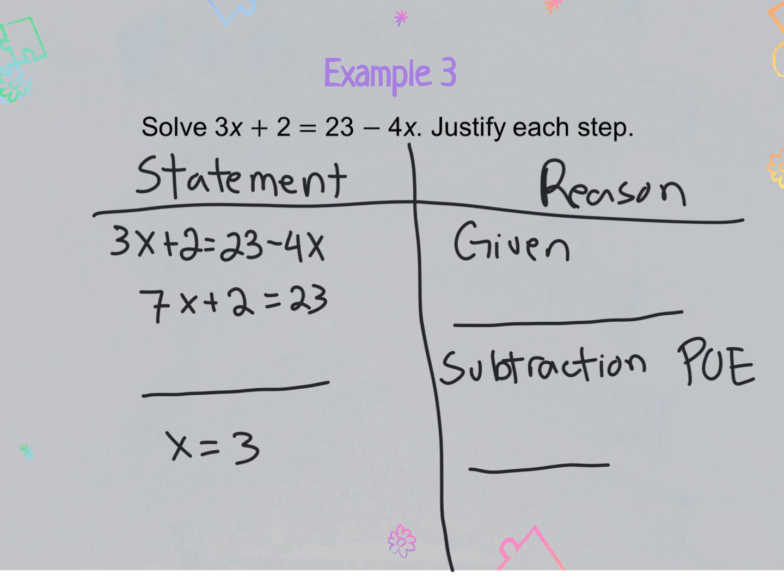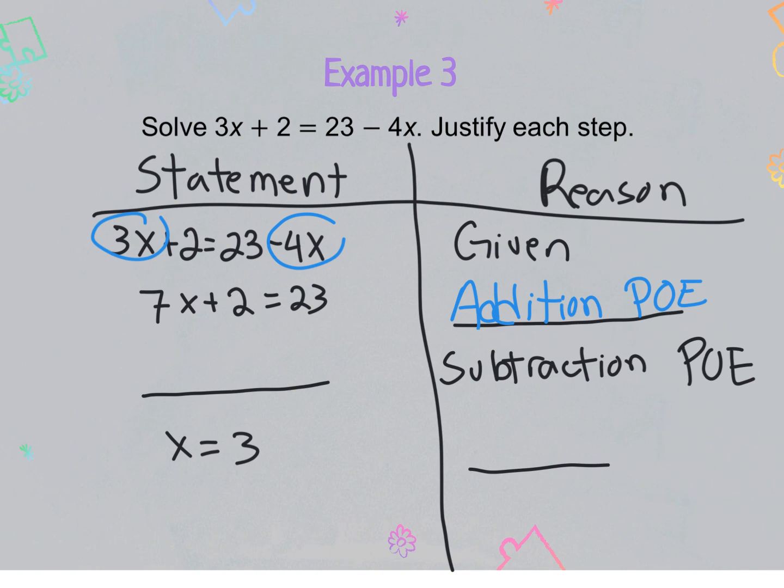Now, this is how you guys have it in your PowerPoint. From the first to the second step, what they did was they combined this negative 4x with this 3x. They added that 4x. It's going to be the addition property of equality. Now, in the next step, they tell you that they want you to subtract the property of equality.